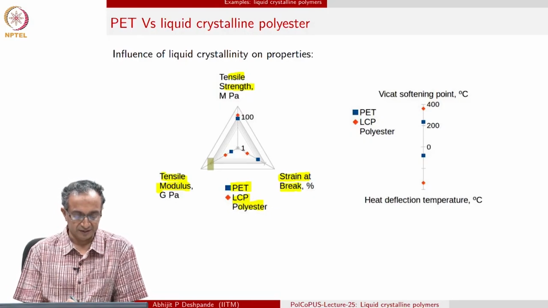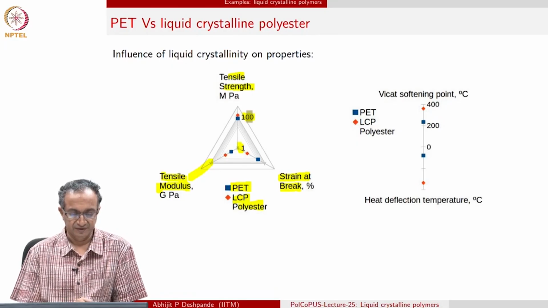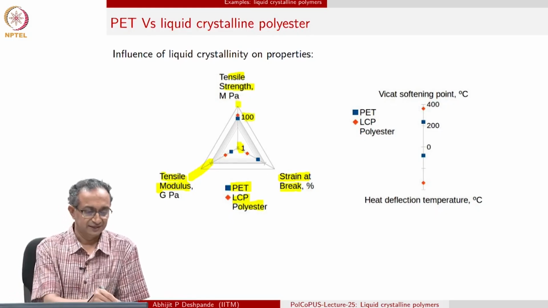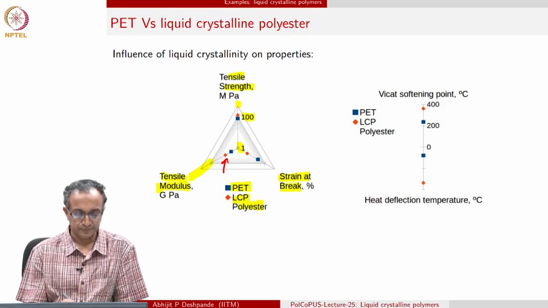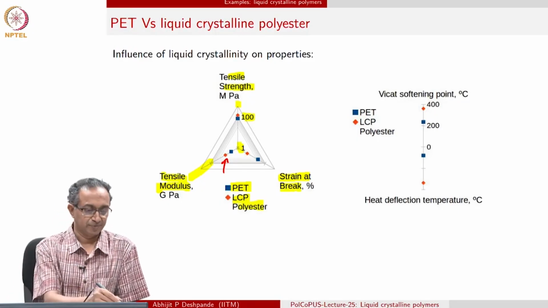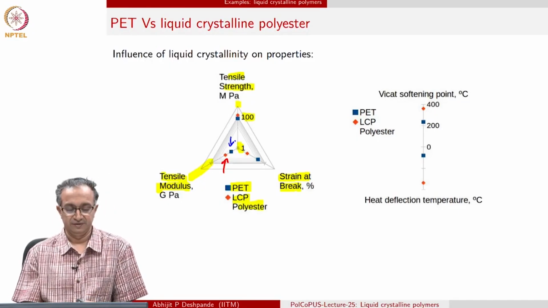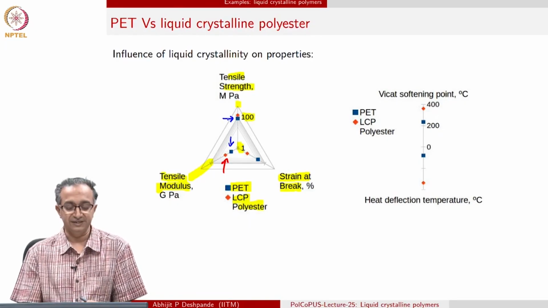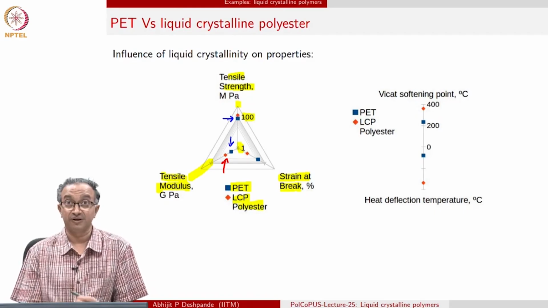Let us look at tensile modulus first. You can see that the scale goes from 1 to 100, and then of course this is 200 also. So, you can clearly see that the LCP polyester has higher modulus compared to PET. Similarly, you can see the tensile strength of PET is less compared to the LCP polyester, and this is a logarithmic scale, by the way.